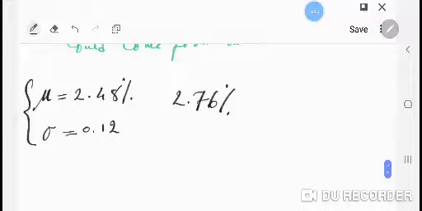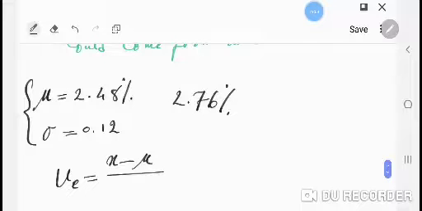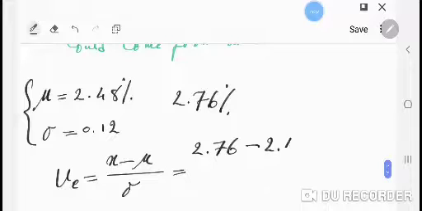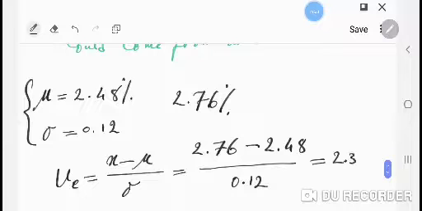Therefore, u is equal to x minus mu divided by sigma, which is 2.76, the moisture, minus 2.48% of moisture, divided by 0.12, equal to 2.33.